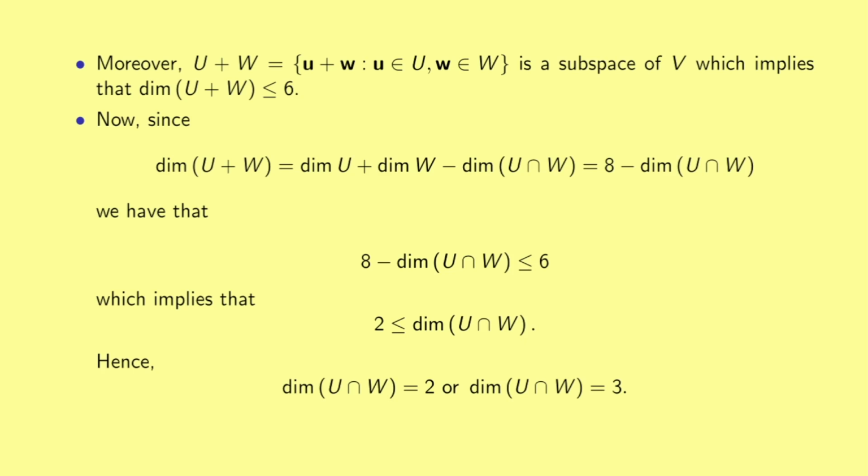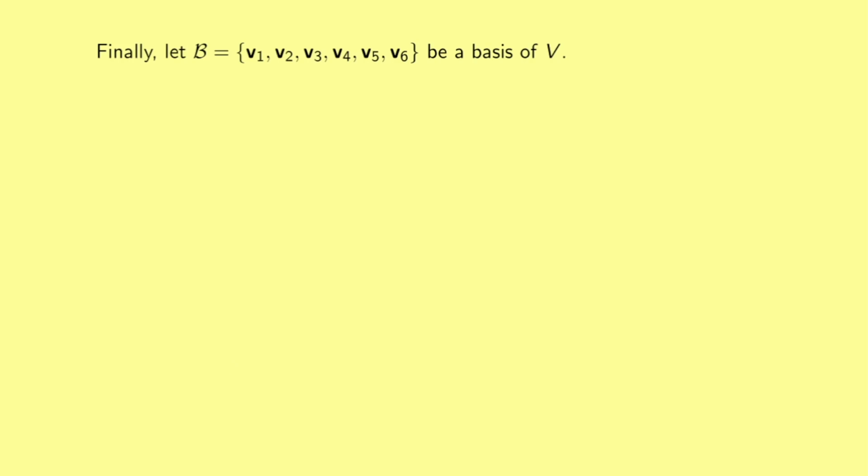Okay, now let's see what we can do with this information. As we will see, both cases can actually happen. So in the situation we pose in the problem, the dimension of U intersection W can either be 2 or 3. Let's show that this indeed is true. First, since V is a vector space of dimension 6, let B be a basis for this space.